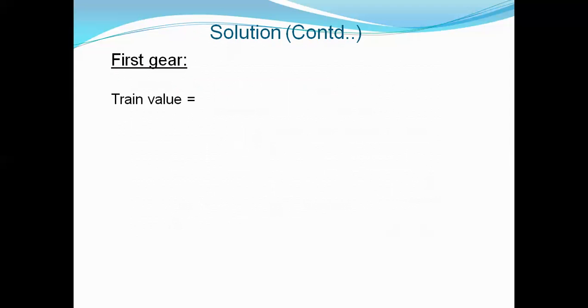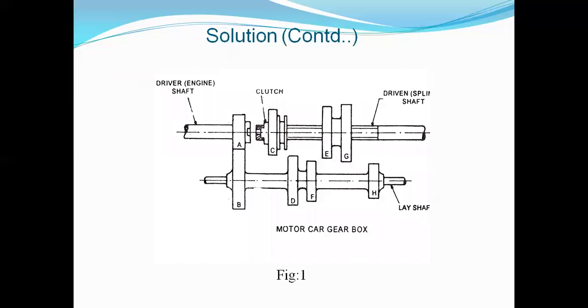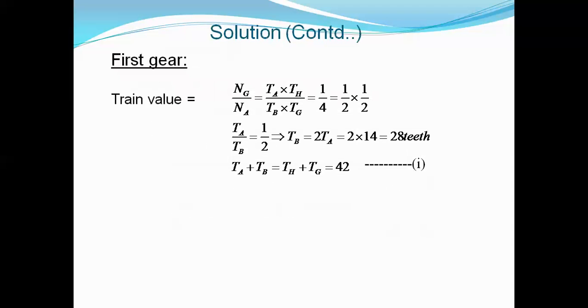AB and HG లాస్ట్ ఇవి కదా గేర్లో GH. సో TA by TB, TA into TH, TB into TG is equal to 1/4, మనకు 4:1 అని ఇచ్చింది కాబట్టి. సో ఆ 1/4 నేను ఏమని రాసిన, 1/2 into 1/2 అని రాసినాం. అప్పుడు TA by TB is equal to 1/2 అవుతుంది, TH by TG is equal to 1/2 అవుతుంది. అలా ఎందుకు తీసుకున్నామంటే మనకు TA వాల్యూ ఉంది కాబట్టి TA by TB is equal to 1/2. సో TB is equal to 2 into TA అంటే 14, సో 28 teeth, TB 28 teeth వచ్చింది.